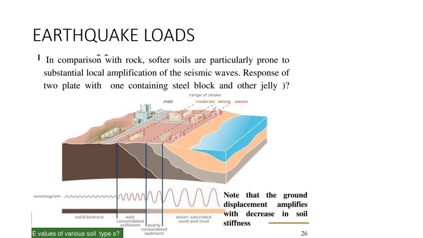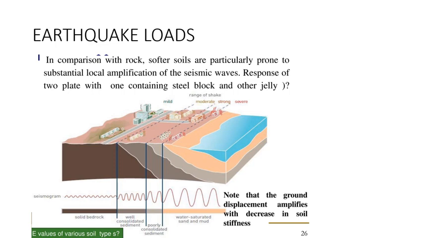In the seismogram we have different waves. We have solid bedrock, well consolidated sediment, poorly consolidated sediment, and water saturated sand and mud. The structures standing on solid bedrock have very mild vibrations, whereas structures that are half on solid bedrock and half on well consolidated sediment get a moderate effect.